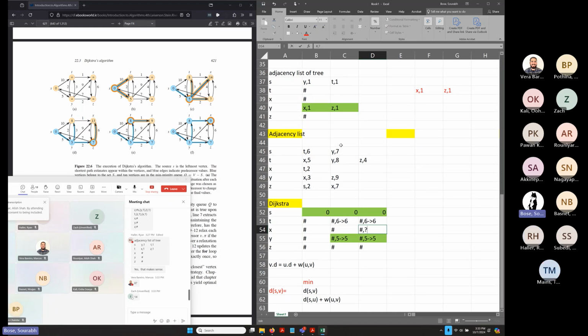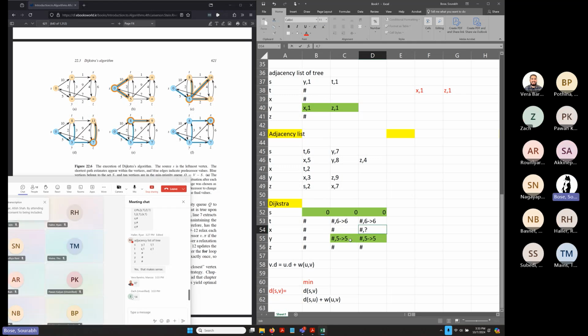S to Y currently is 5, right? No, what did I do? Why did I offer 5 here? I made a mistake, right? T would get 6 and Y would get 7. So this was offered 7.